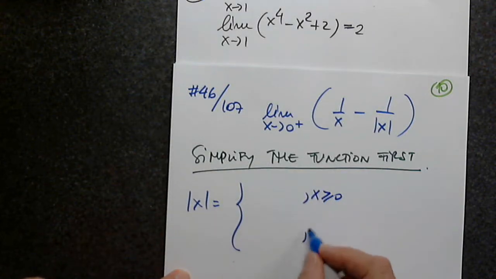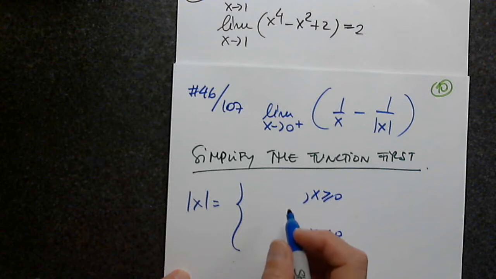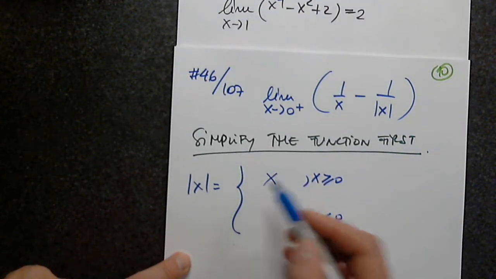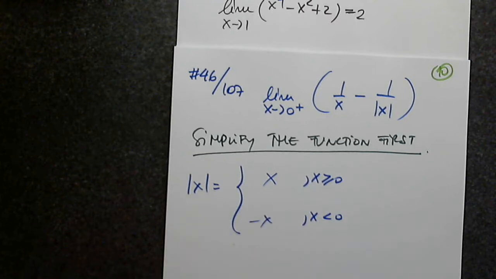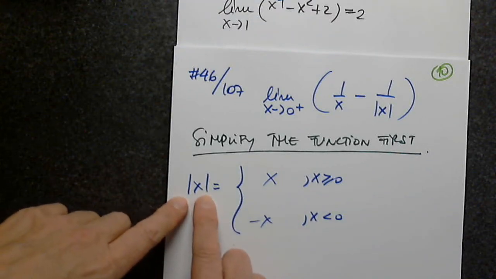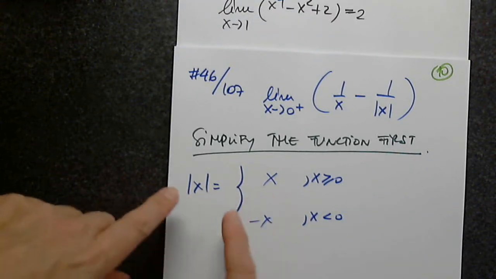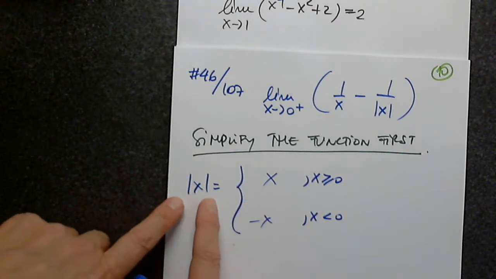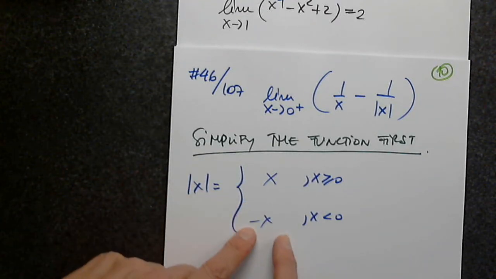For x greater or equal to 0 and for x less than 0. Yes. Indeed. Perfect. So if x is a positive number or 0, the absolute value can be replaced by x. If x is a negative number, the absolute value can be replaced by negative x.